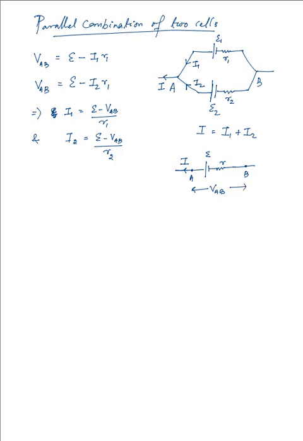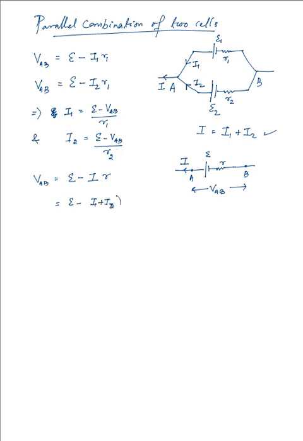What I mean to say is that VAB in this case is going to be equal to E minus I times R. We already know the value of I in this case. It will be equal to I1 plus I2. So this is E minus (I1 plus I2) times R.